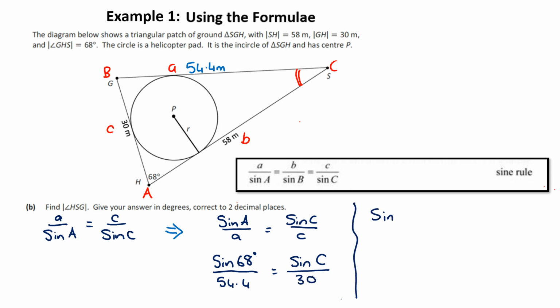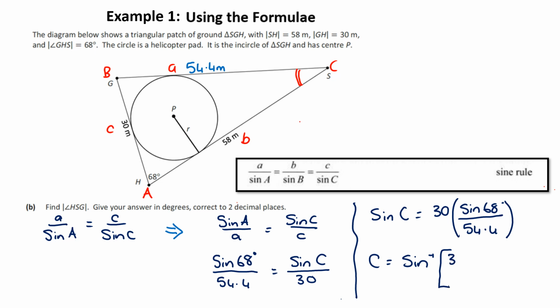Multiplying both sides by 30, we get sine of C is equal to 30 times sine of 68 all over 54.4. To work out the angle, we're going to do sine inverse. I will leave this to the very last minute to do any kind of actual calculation. That means I'm not wasting my time writing in decimals, which can be done incorrectly.